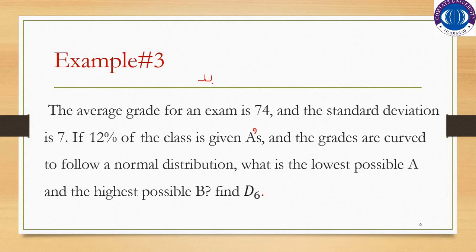Here we have mu equal to 74 and sigma equal to 7, and our random variable is following the normal distribution as it is written there.